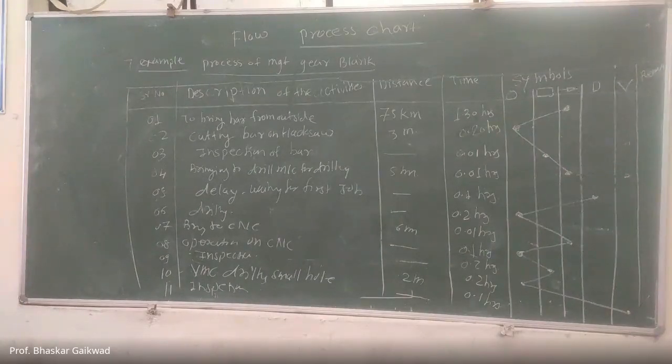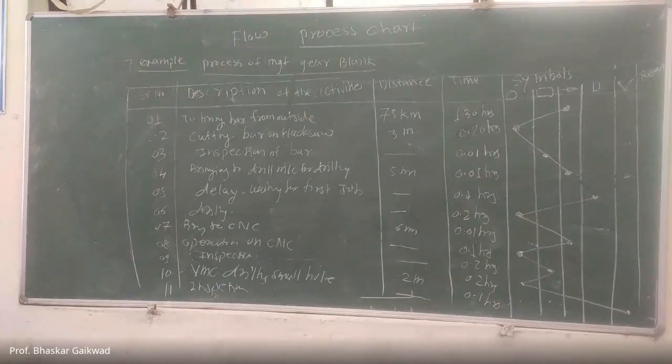Manufacturing on the CNC and VMC machines, and what is actually the flow of the materials from the band saw machine to the last finished product. So whatever description of activities are there, it is written one by one.